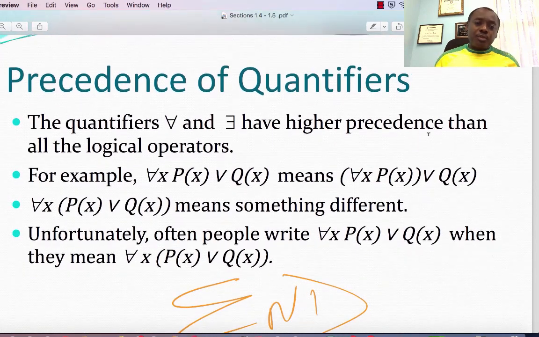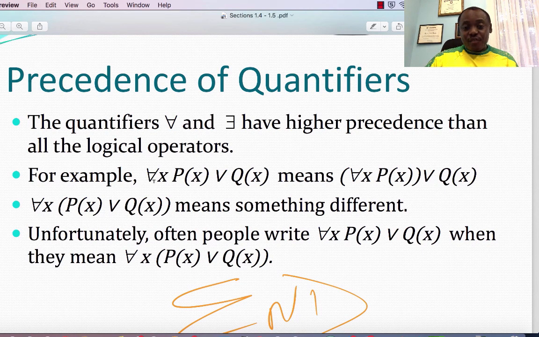Now, let's put sections 1.1, 1.2, 1.3, 1.4 together. We already have the order of operations when it comes to logical operators. Let's add quantifiers in that mix. The quantifiers for every and there exists have higher precedence than all the logical operators.